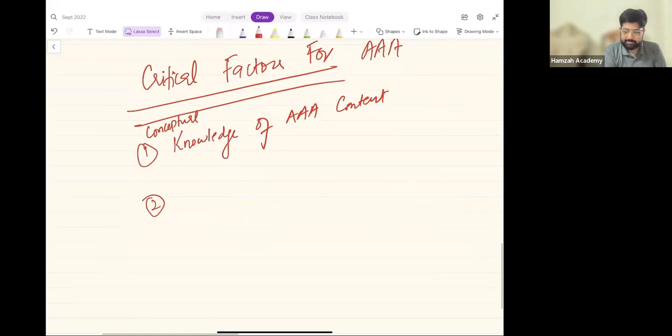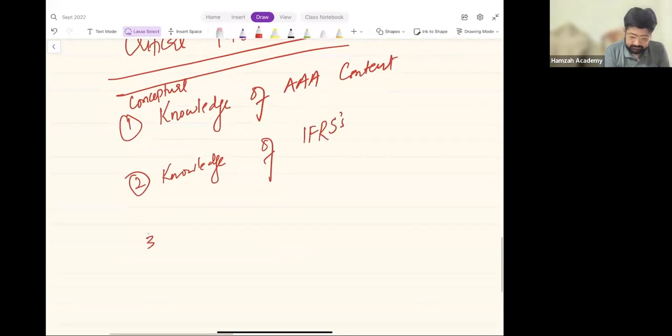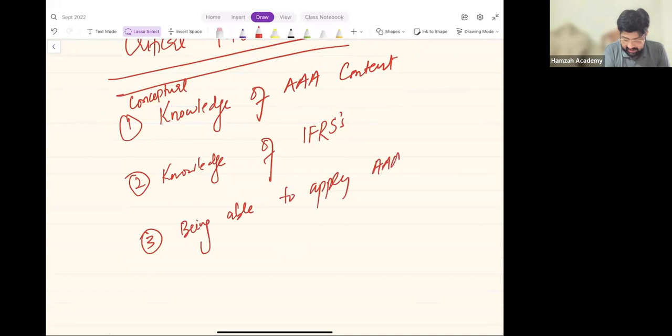Second, knowledge of IFRSs. Third is being able to apply AAA knowledge to scenarios.